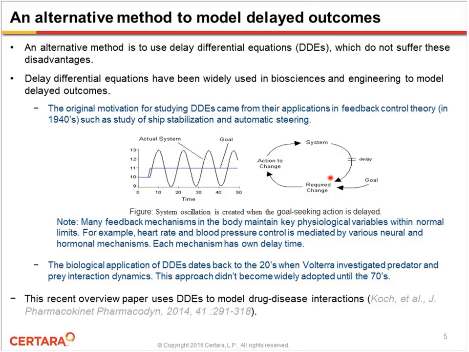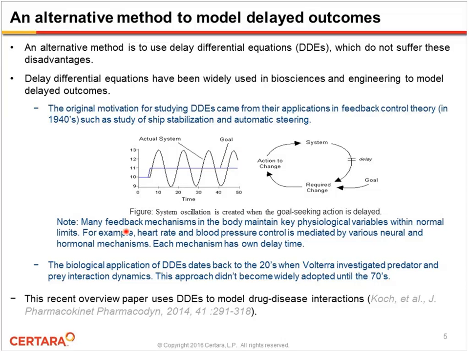Now, due to this delay, it's likely that you either miss the goal or overshoot the goal. So this is the system where you actually get this oscillating behavior. Now, I just want to point out that this feedback mechanism is not limited to engineering applications.